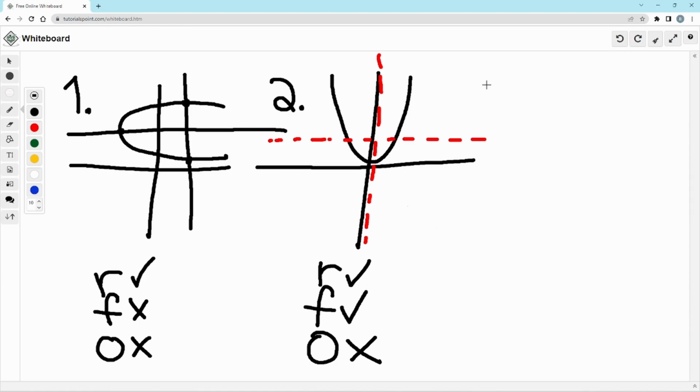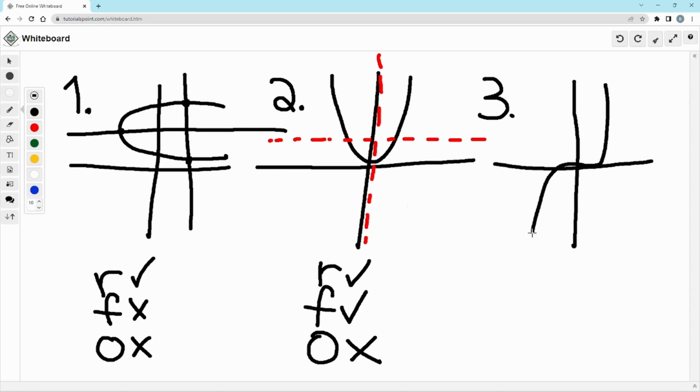Let's move on to the final example. Alright, now I want you to pause the video and tell me if this is a relation, function, or one-to-one function.